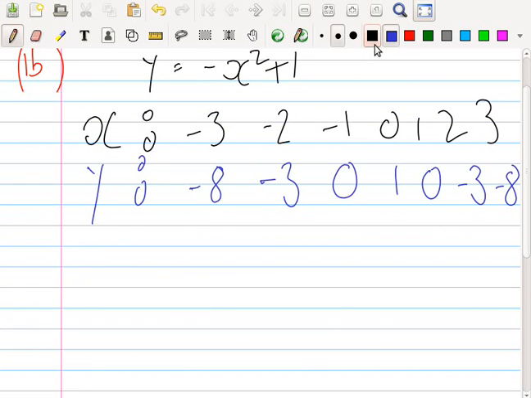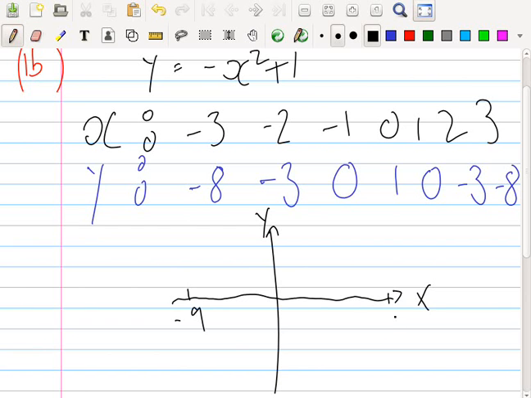So if I was to draw this, x, y, if I go to minus 9 and minus 3 and 3, and then we'll make this 9 and minus 9. So minus 3, minus 8 would be like here.